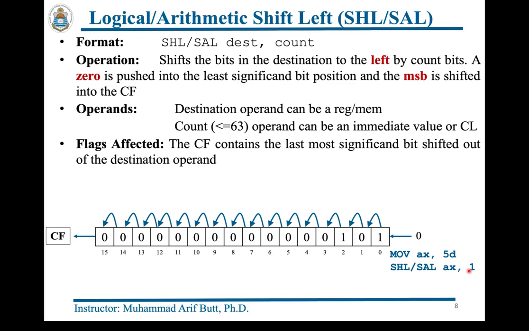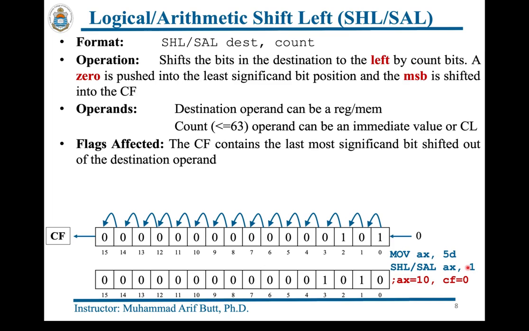After the shift instruction executes, 0 is pushed from the least significant bit side. All the remaining bits are moved one position to the left, and this most significant bit, that is 0, is moved inside the carry flag.